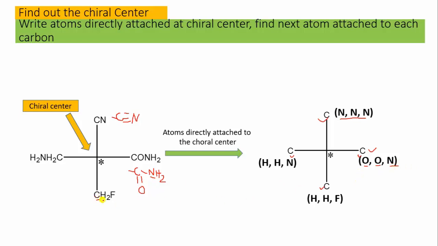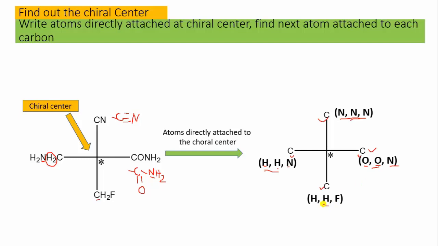In this carbon you can see directly 2 hydrogen and 1 fluorine. And this carbon, CH2NH2, has 2 hydrogen and 1 nitrogen. So here it is total 3 plus 3 plus 3 plus 3.